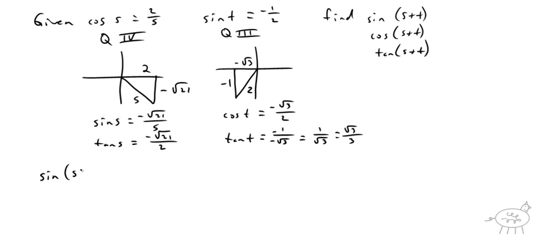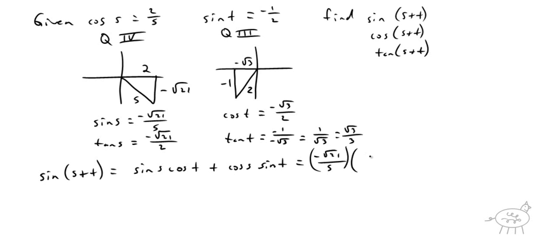So let's put it all together now, finding sine of S plus T. Hopefully you guys remember, well, let's just write it out. Sine of S, cosine of T, same sign, plus cosine of S, sine of T. It's not a bad idea to write it out, because then when you plug it in, it's actually easy just to substitute it in. So sine of S, negative root 21 over 5, and cosine of T, which is negative root 3 over 2, and plus cosine of S, which is given on top there, 2/5, and sine of T, which is given on top there, which is -1/2.